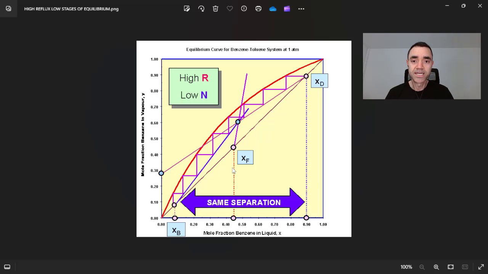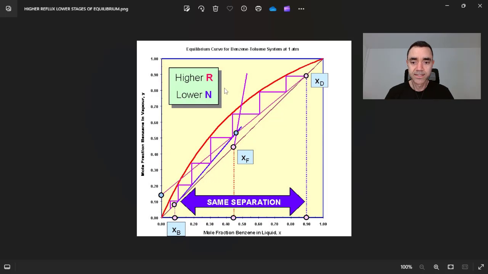If I change the reflux ratio, or in other words, if I increase the reflux ratio, it means that I am going near to the total reflux ratio line, that is the strip line here in this graph. If I reduce the reflux ratio, it means that I'm going in the direction of the equilibrium line. And what is the impact of this?